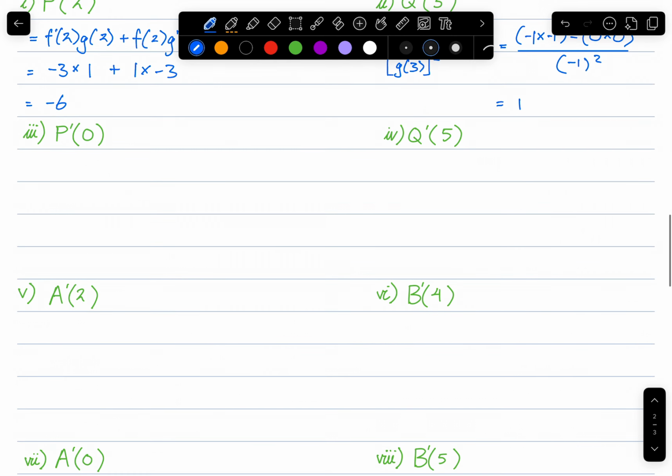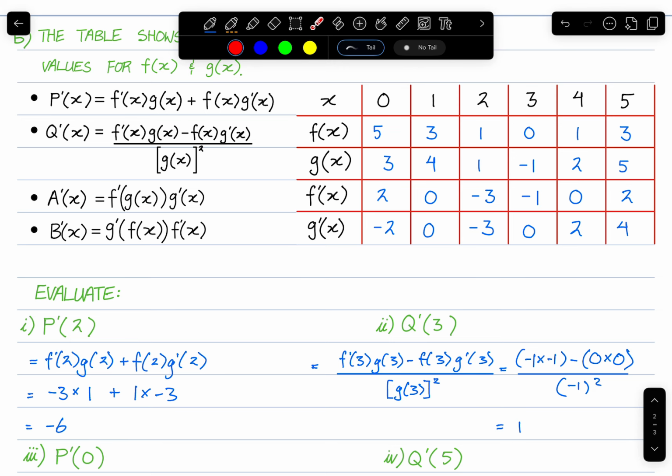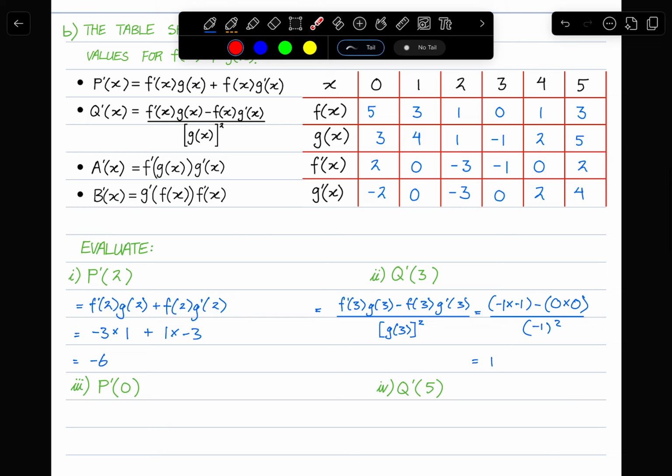So from here, let's just quickly go through all of these examples now. P prime of 0, that's our product rule. So P prime of 0, following the rule here, F prime of 0 is 2 times G of 0, 2 times 3, plus F of 0 is 5, G prime of 0 is -2.